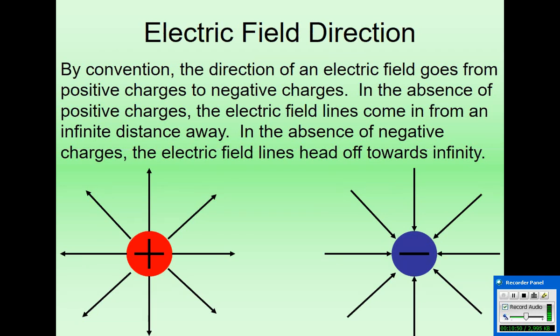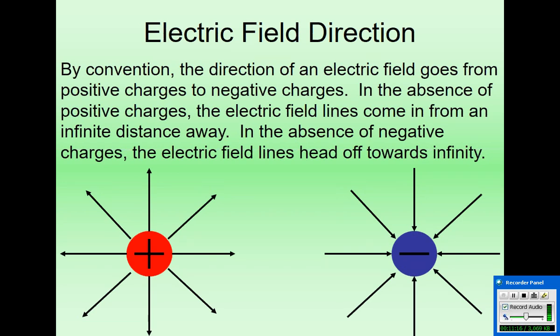And this movable test charge is by convention treated as positive. So what would happen if I have a nailed in place positive charge and I came along and I placed a movable positive test charge in the vicinity? Well, that positive test charge would be repelled. It would move directly away from the positive charge. And so that's why the electric field of a positive charge points directly away from it.